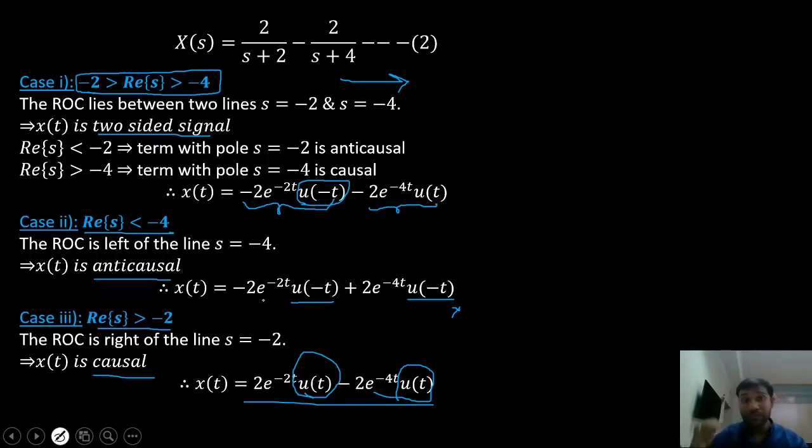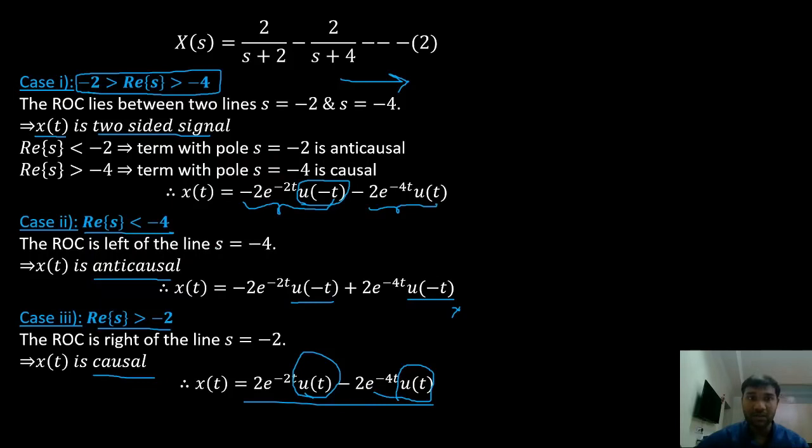What did we do? We derived x of s in terms of partial fractions, right? And then we considered the ROC. Based on the ROC, we decided whether the inverse Laplace transform x of t is going to be a two-sided signal, or an anti-causal signal, or a causal signal, right?